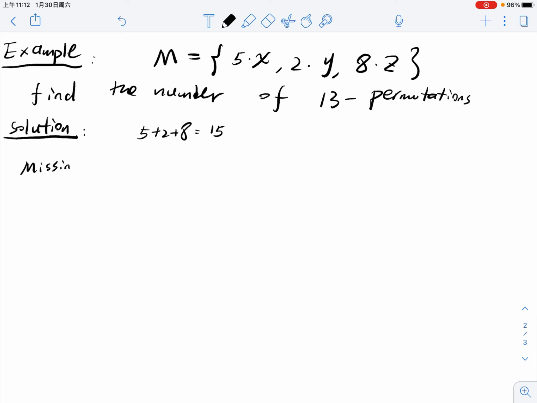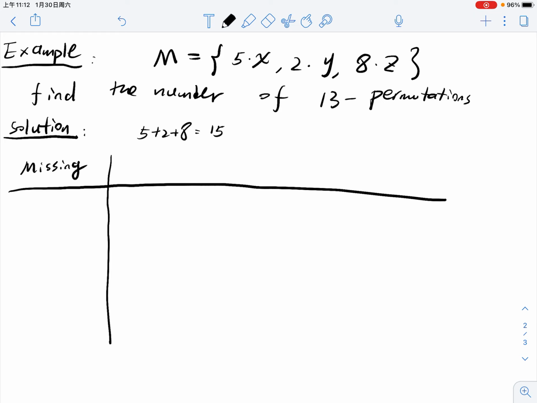So suppose we are missing X and X, then the 13-permutations will be the permutations of 3x, 2y, 8z.